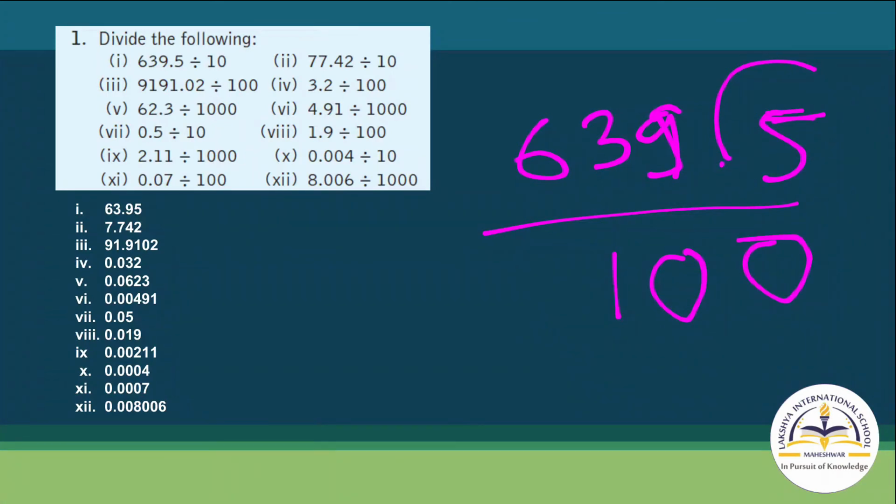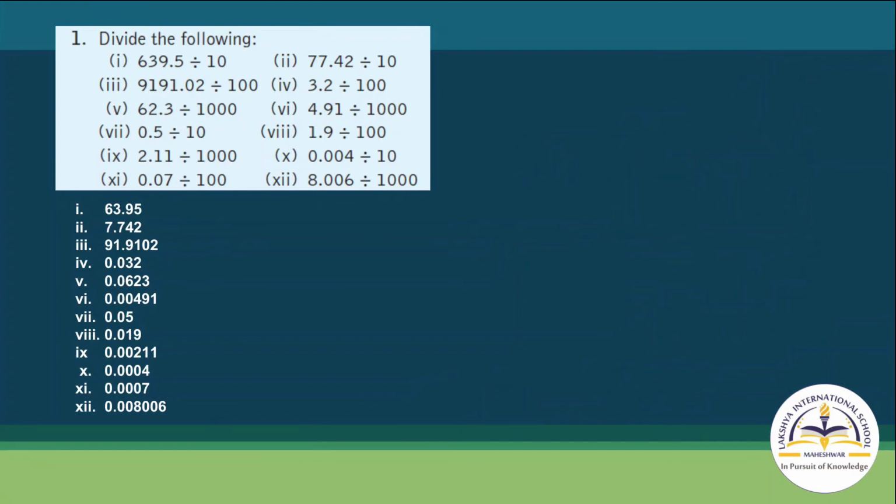So how many zeros are there? 1. Okay, so after how many digits? 1. So before the last digit, our decimal point will be there.